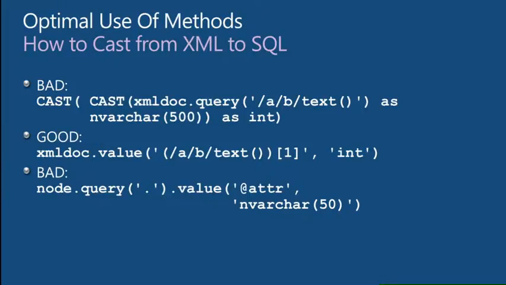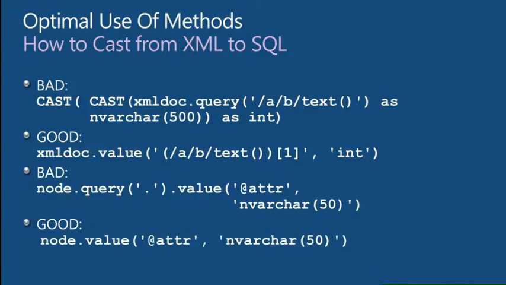So what this does is, it actually extracts the subtree of the thing that I have, creates a new XML instance, and then on that, I apply the value extraction. So this is very inefficient, unless you want that copy semantics there. So the right way of doing it is, well, you already have the node context item. You can do the value method directly on it. There's no need to do that.